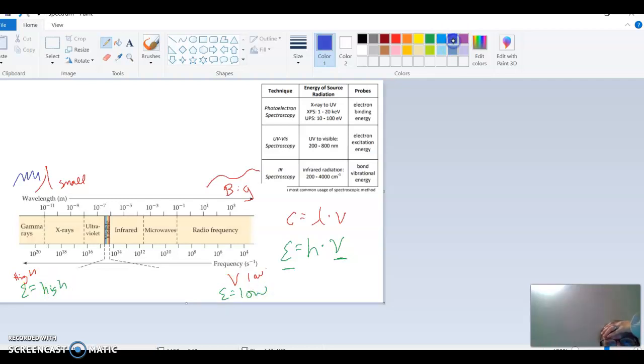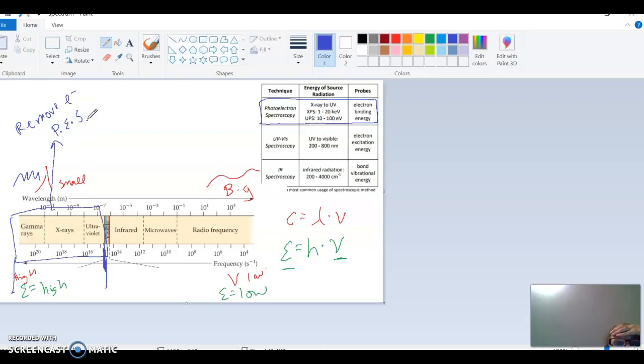Now that matters when I'm talking about atoms. So let's say I take this amount of energy from whatever it is for frequency on up here. This energy, if you're shooting this into an atom, it's going to remove an electron. This amount of energy is where you got your photoelectron spectroscopy going on. Photoelectron spectroscopy is PES.